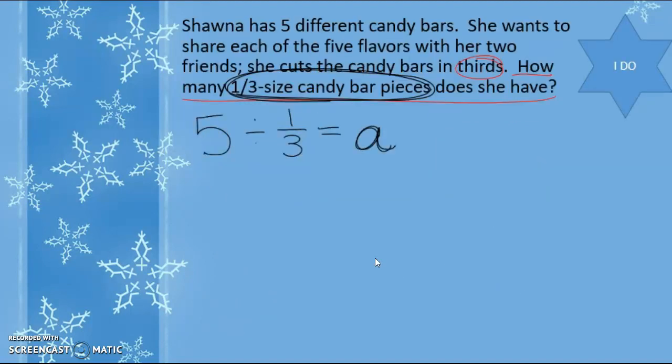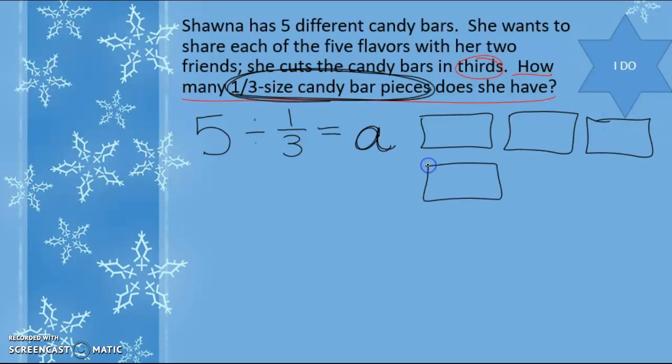If using the multiplication is complicated, we can use a model. Let's start by using an area model. So we have 5 candy bars. Let's assume that these are all the exact same size. And we need to divide each candy bar into thirds.